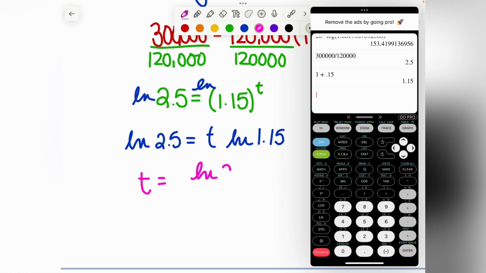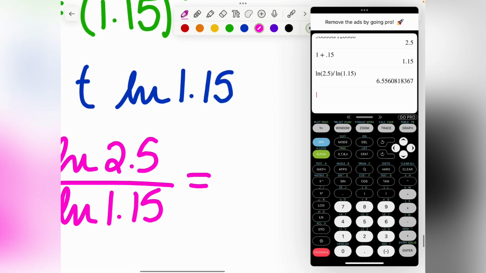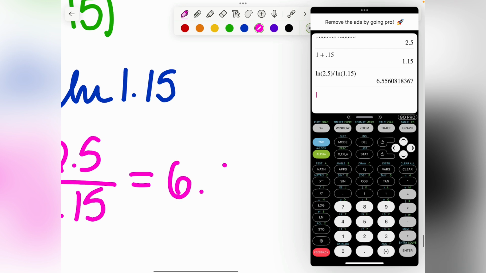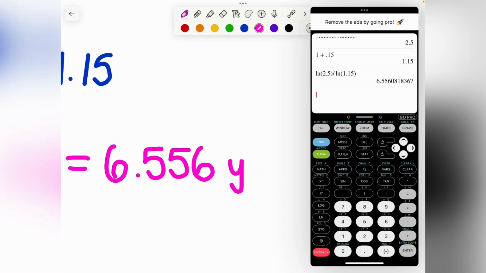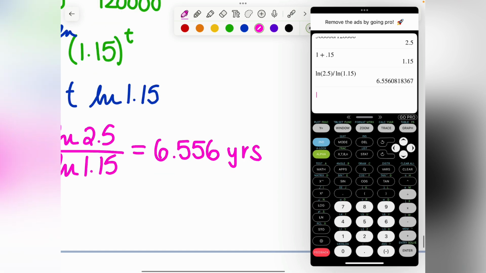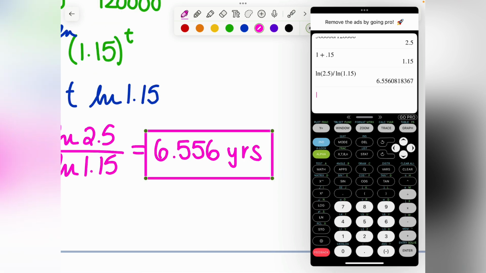So I have natural log of 2.5 over natural log of 1.15. Okay, so that's about 6.556 years. There it is.